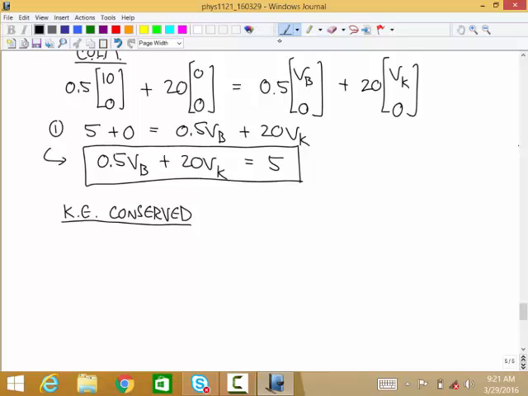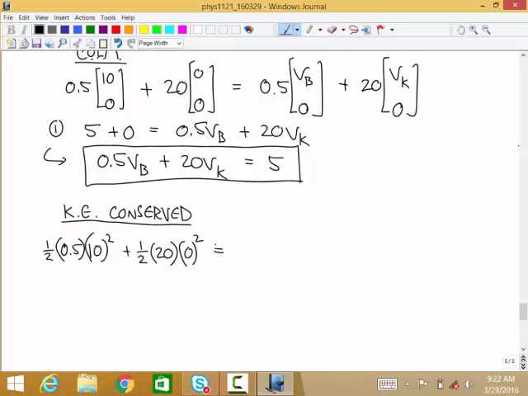Okay, so the requirement that kinetic energy is conserved says before the collision we have 1/2 times the mass of the ball times the speed of the ball squared. That's the kinetic energy of the ball before the collision, plus the kinetic energy of the kid before the collision, which is 1/2 times 20 times speed of 0, so this is going to go away.